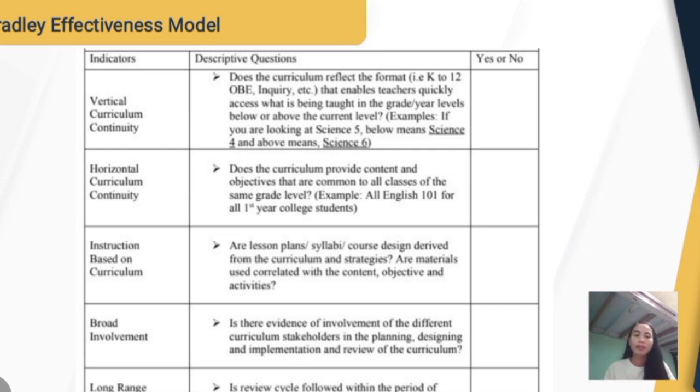So, by the next grade level, when they proceed to grade 8, may something improvement na naganap, in which pagka proceed nila sa grade 8, they will tackle or learn also the system of linear equations, in which connected na sila, no. So, yun yung sa vertical curriculum continuity.